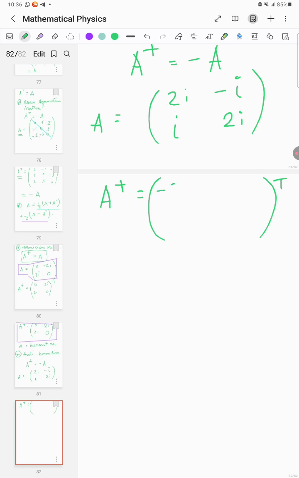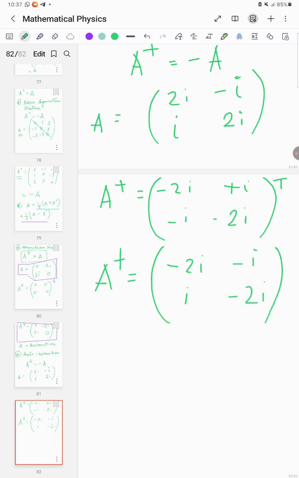Replace all the i by minus i. So A dagger changes to be [-2i, i; -i, -2i].